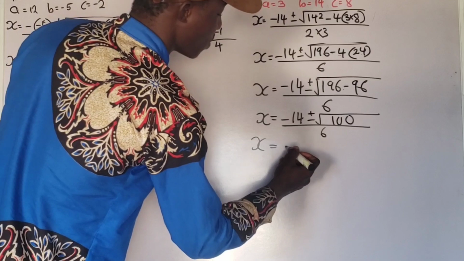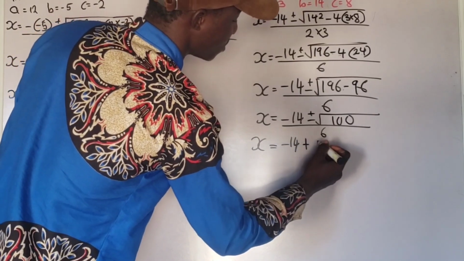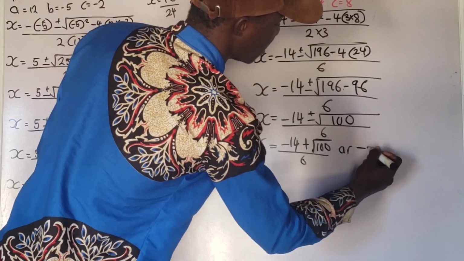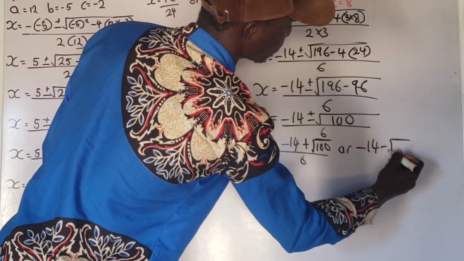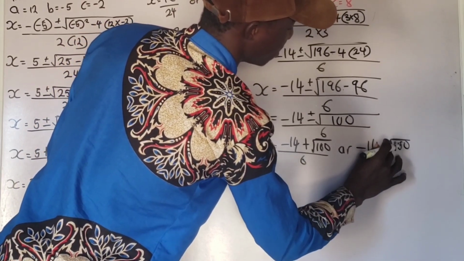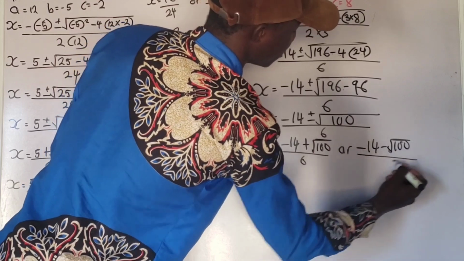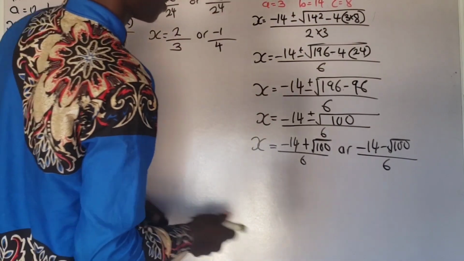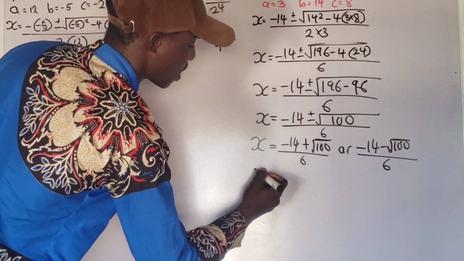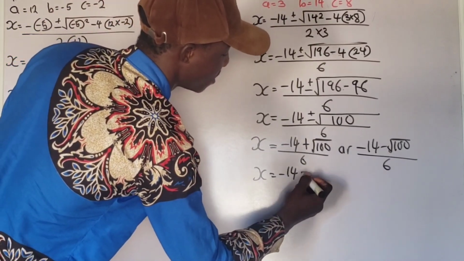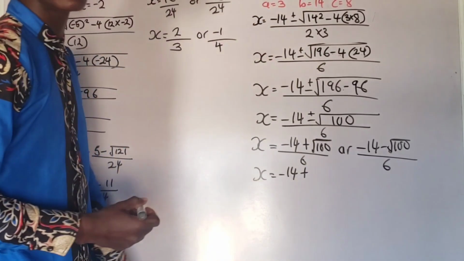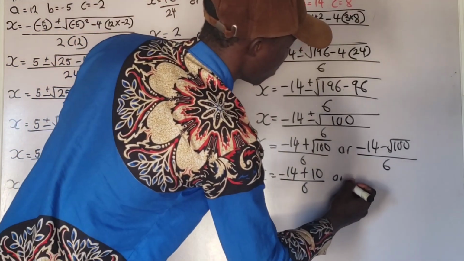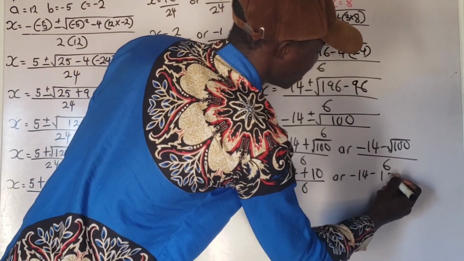I'm going to have x equals negative 14 plus the square root of 100 all over 6, or negative 14 minus the square root of 100 all over 6. From this point, we can take the square root of 100, which is 10. So I'm going to have negative 14 plus 10 all over 6, or negative 14 minus 10 all over 6.